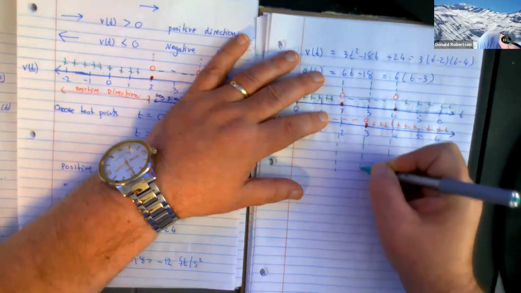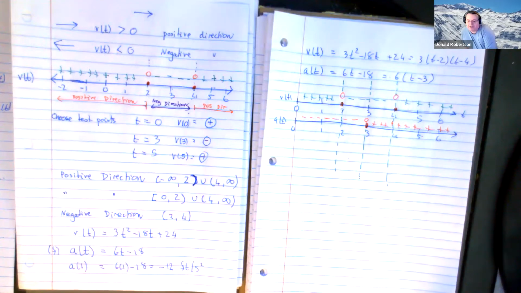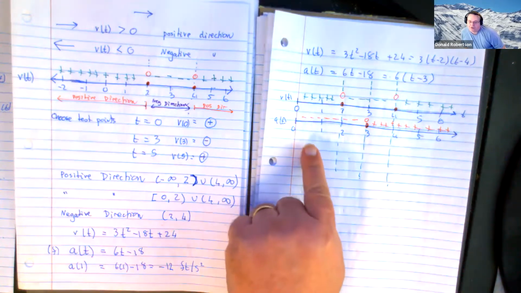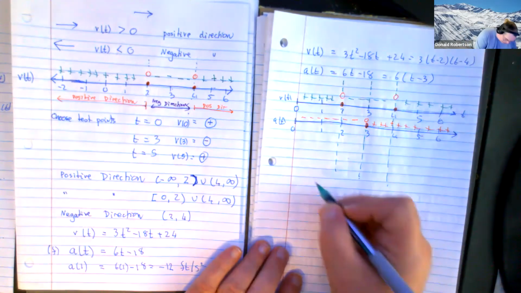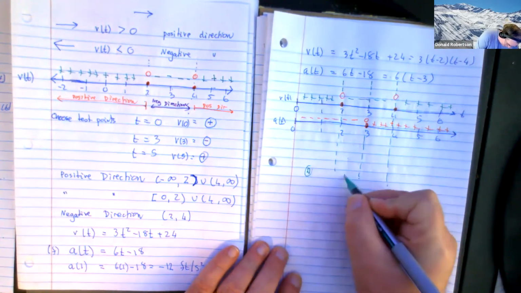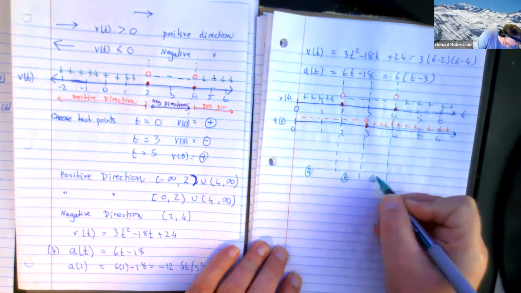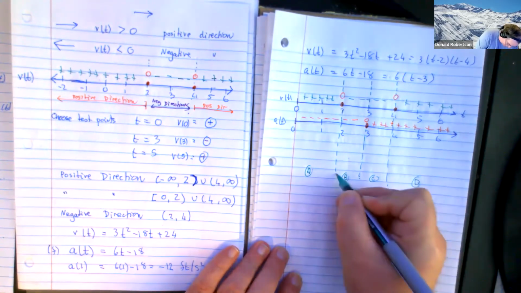Have you noticed that I only put straight lines through the zeros, either the zeros when the velocity happens or the zeros when the acceleration happens. Now that has broken this region into 1, 2, 3, 4 regions. I'll call them region A, region B, region C, and finally region D.